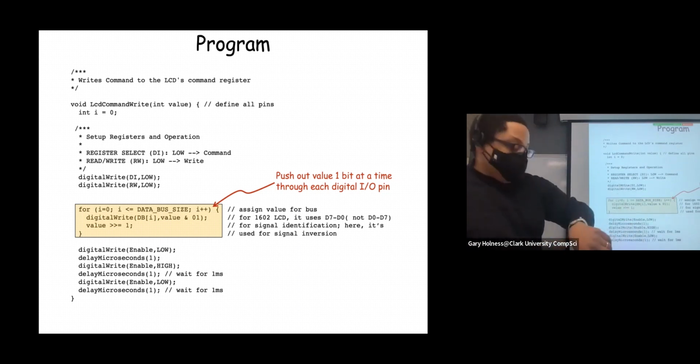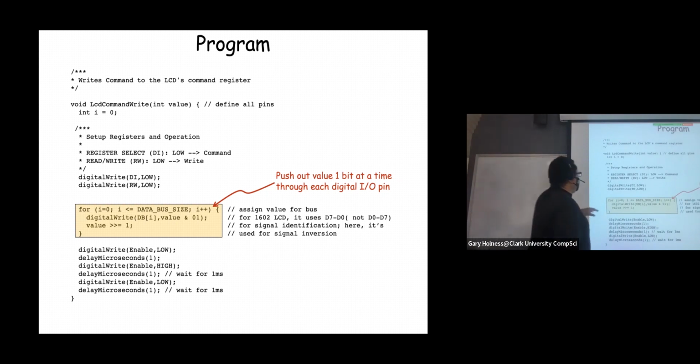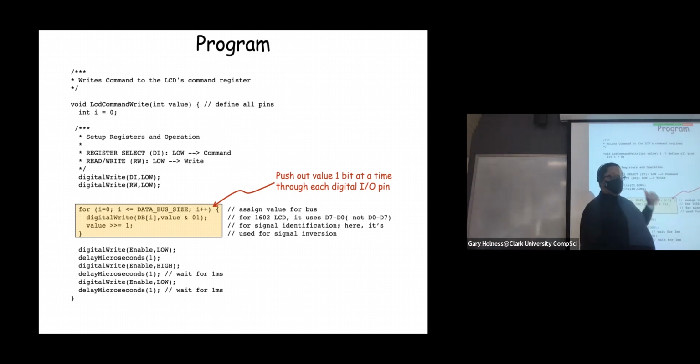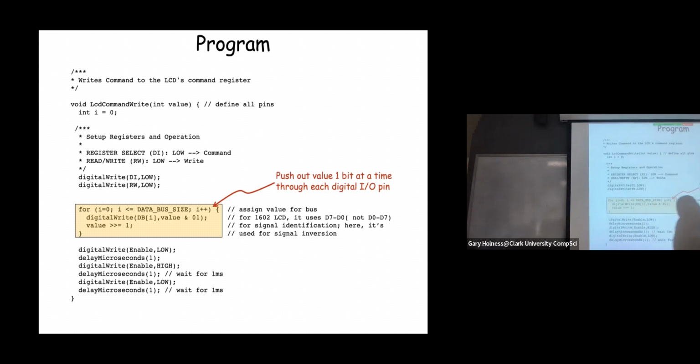So I'm glad I'm taking the time to go over this. Once I do the digital write, the bits of the value, in this case a command, are actively energized on the data bus, because when I write this value, it's high if it's a 1, low if it's a 0. Now I have 0 volts here, 5 volts here, 0 volts here, 5 volts here, right?